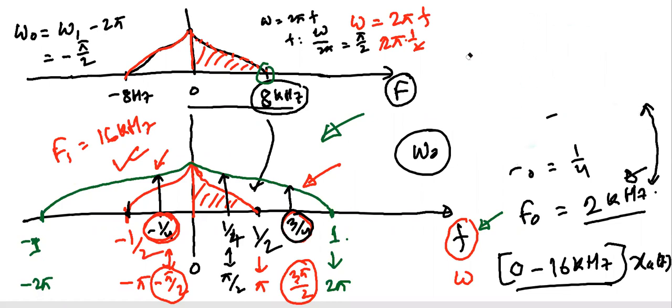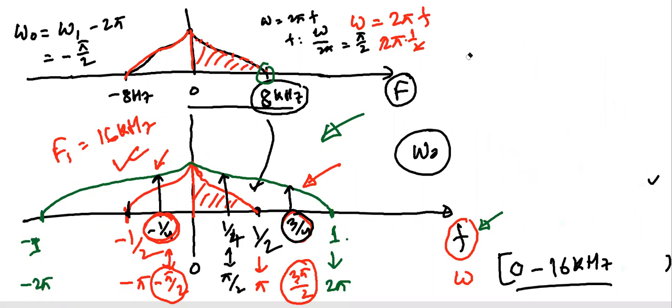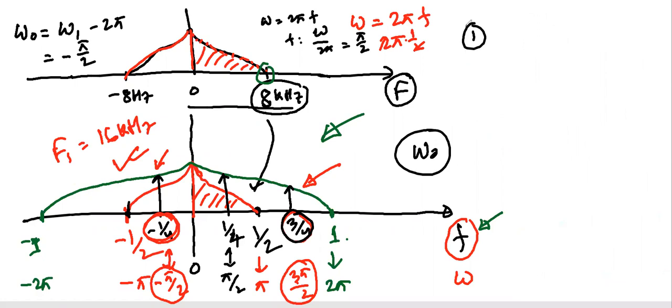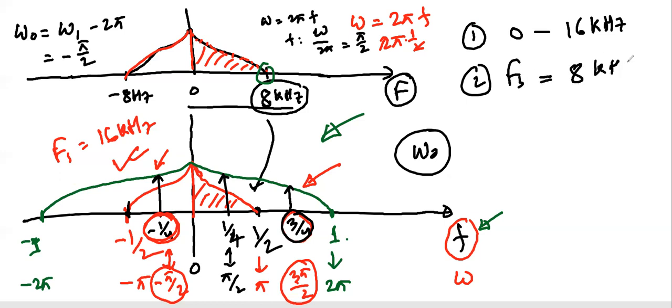Should I need to repeat the question? Have you got all the informations? The informations are: number 1, the signal frequency is 0 to 16 kilohertz. Number 2, the sampling frequency is equals to 8 kilohertz.